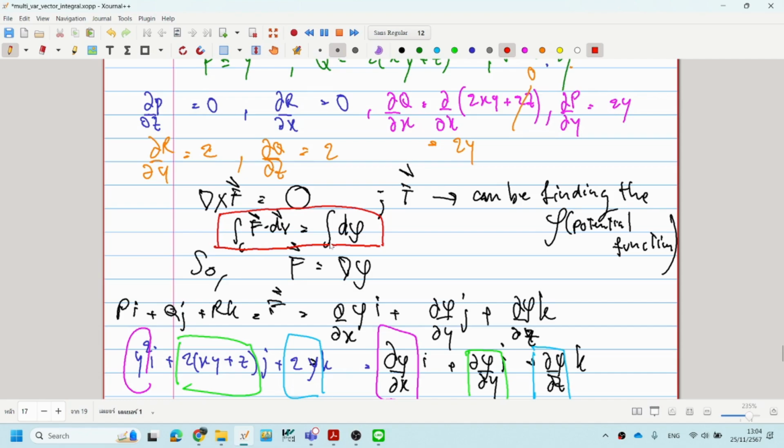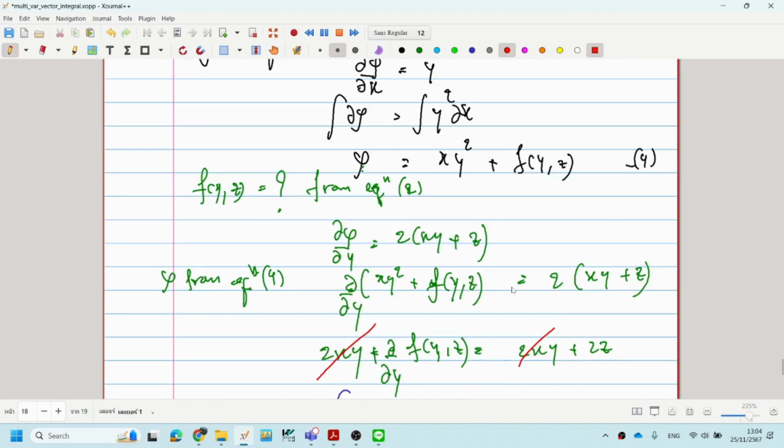The path does not affect the line integral anymore, because this is already proven. The vector F is spatial, so it can be independent of the path. You must check curl F first. It's the spatial F vector.